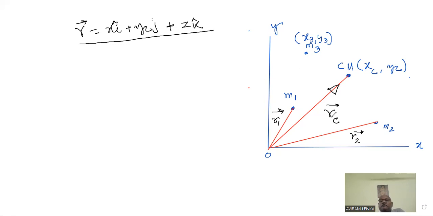So if the masses have their position vectors as R1 vector, R2 vector, R3 vector, similarly the centroid or center of mass, which has its x position as xc and y position as yc, must have a position vector rc. And our common sense says rc can be found if you combine both the formulas.